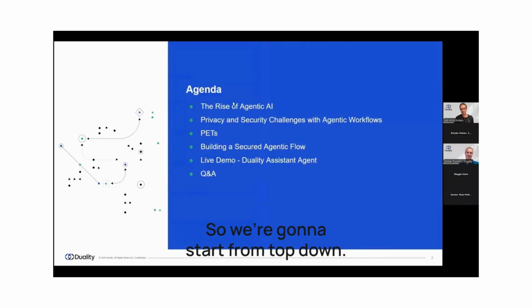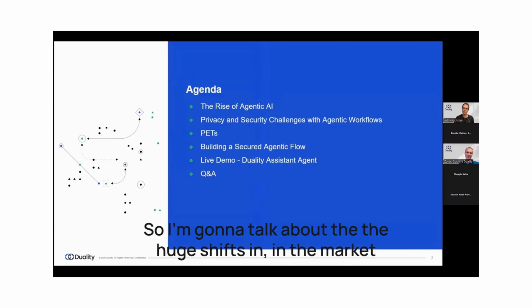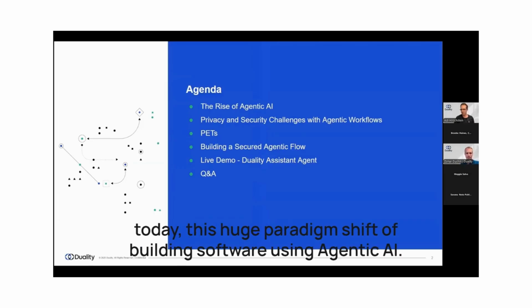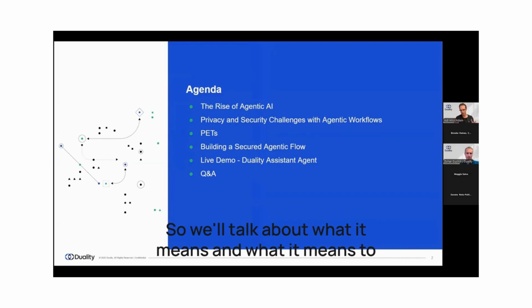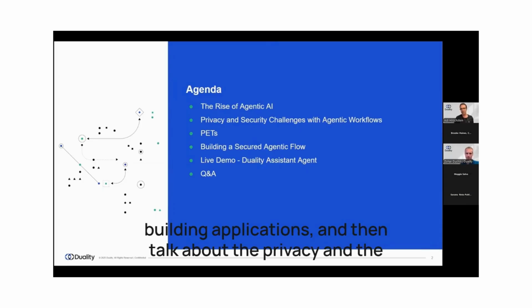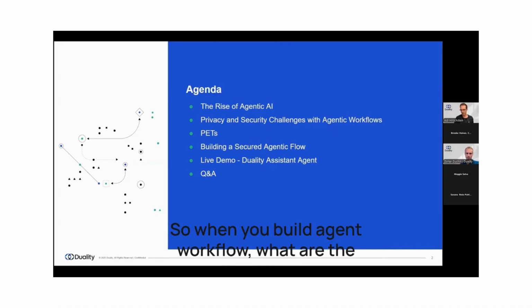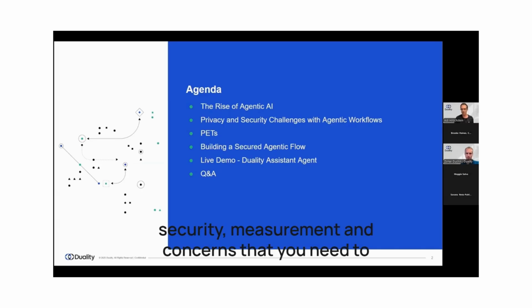So we're going to start from top down. I'm going to talk about the huge shift in the market today, this huge paradigm shift of building software using agentic AI. So we'll talk about what it means for building applications, and then talk about the privacy and the security challenges around it. When you build an agentic workflow, what are the security measures and concerns that you need to take into consideration?